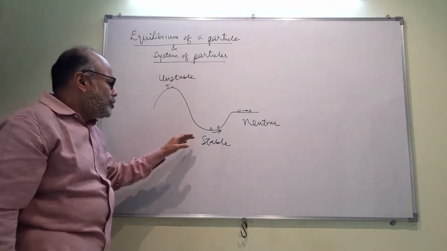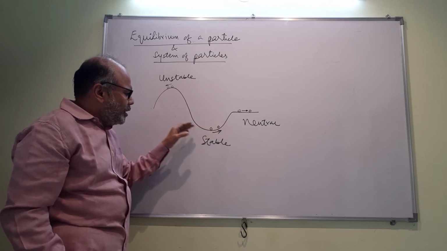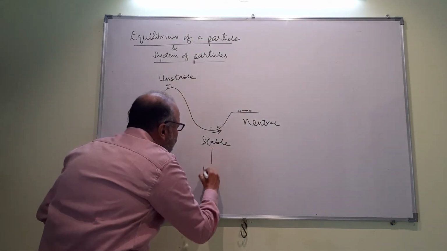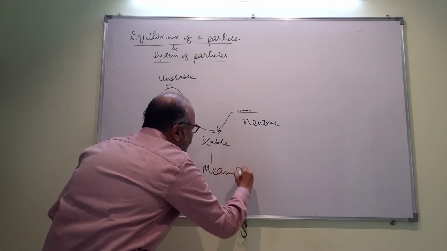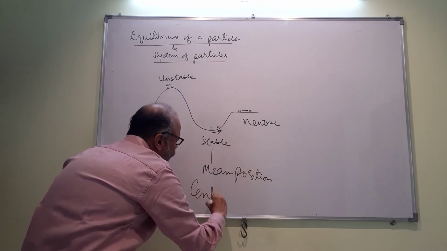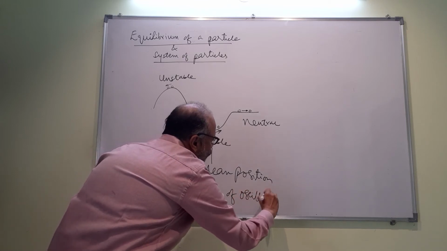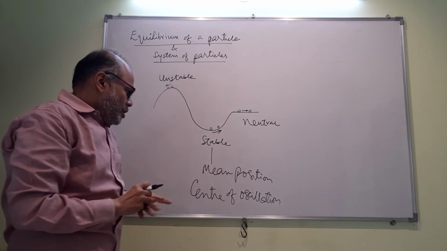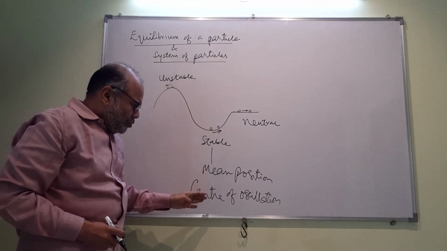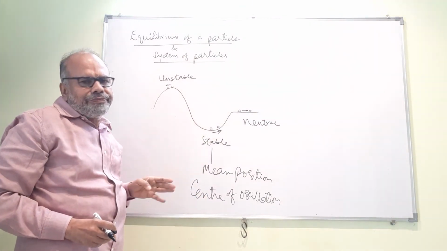Now, what you must note is that in the case of stable equilibrium, when you disturb it, the particle oscillates about a mean position or the center of oscillation. So, when a particle oscillates, the mean position or center of oscillation is always a position of stable equilibrium.